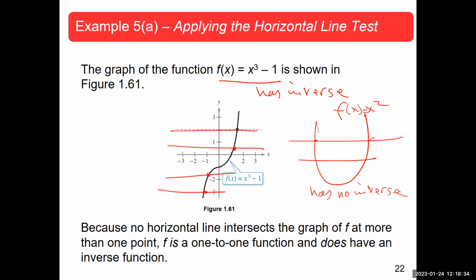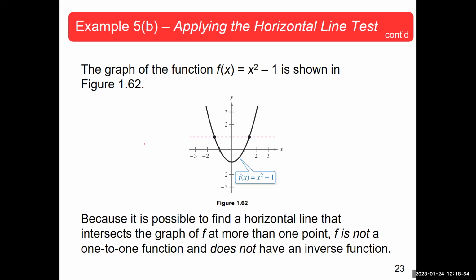So this one has no inverse. A line always has an inverse, because when you sweep your horizontal line, you get only one point of intercept.